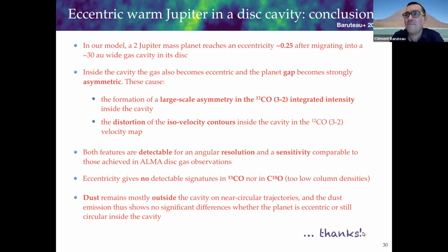I can maybe start with one. I'm not sure I'm getting the mechanism to create the eccentric orbit of your migrating planet. It seems that in addition to having a cavity, you also have a continuously increasing dust density towards the outer region. Am I right?